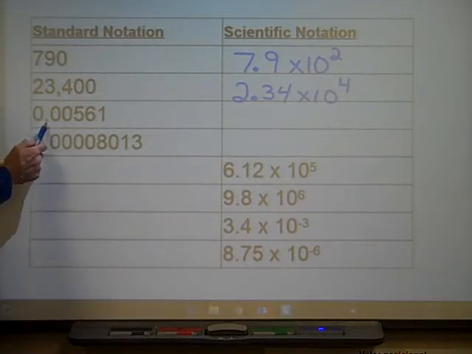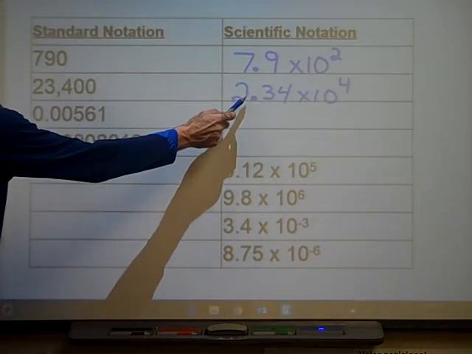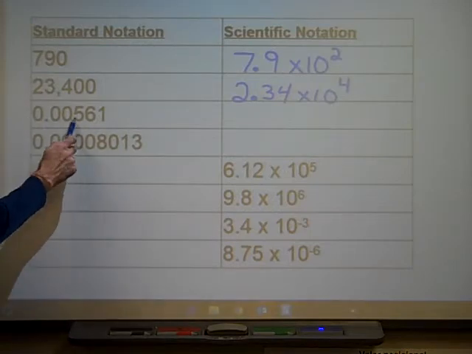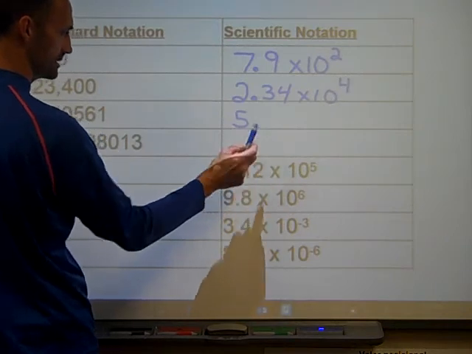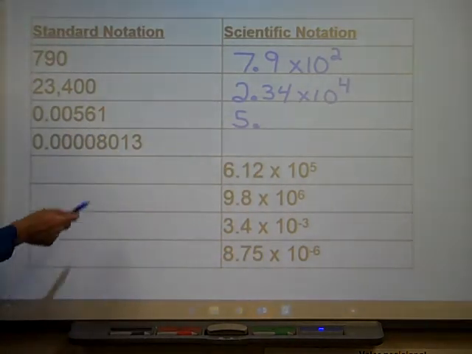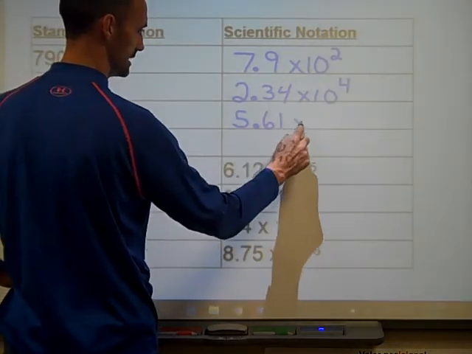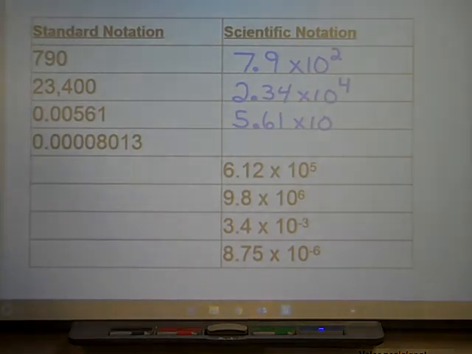This time we have the decimal in there. Okay, so it's really the same rule. For scientific notation, we look for the first digit that is not a 0. And in this number, it's the 5. So I'm going to put 5 point, that's where the decimal has to go. And then I'm going to copy the rest, 5.61 times 10 to the, now we need an exponent.